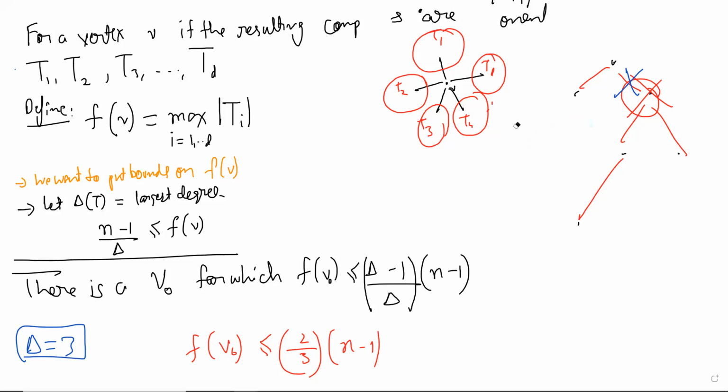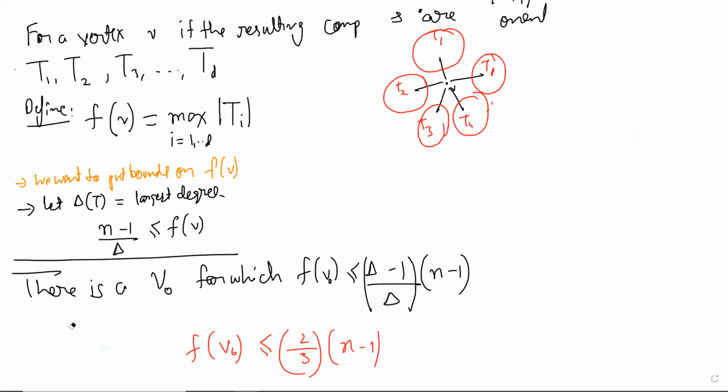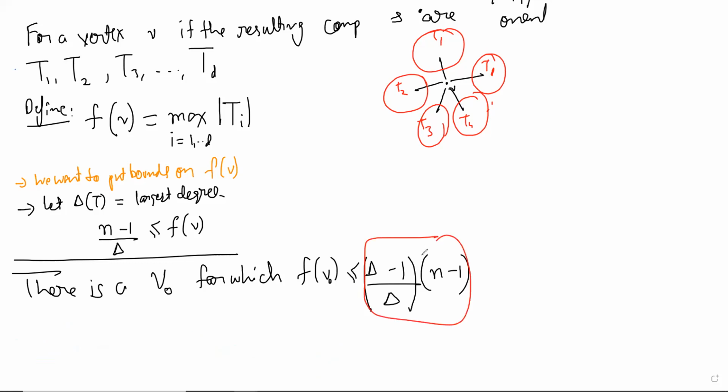let's keep going. And this number, delta minus 1 by delta, doesn't have a meaning to me yet, but basically the property of this number is that if there is some vertex for which f(v0) is bigger than this, then one of its neighbors will have a lesser f(v), and it reduces until f(v) is not bigger than this.